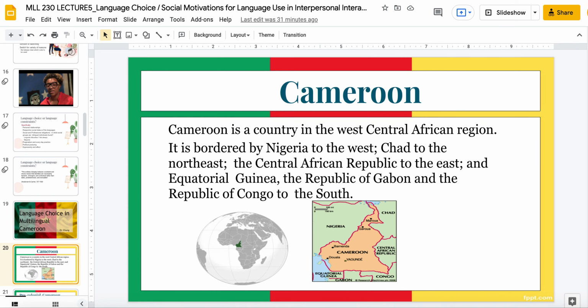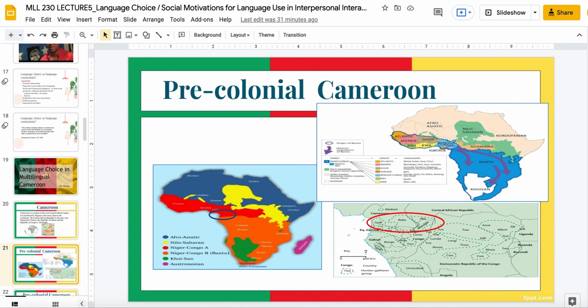To give you some backdrop, Cameroon is a country in West Central Africa. It's bordered by Nigeria, Chad, Central African Republic, Equatorial Guinea, Republic of Gabon, Republic of Congo. Some parts of Cameroon used to be part of Nigeria, which features heavily into some of the language choices that we'll talk about soon.